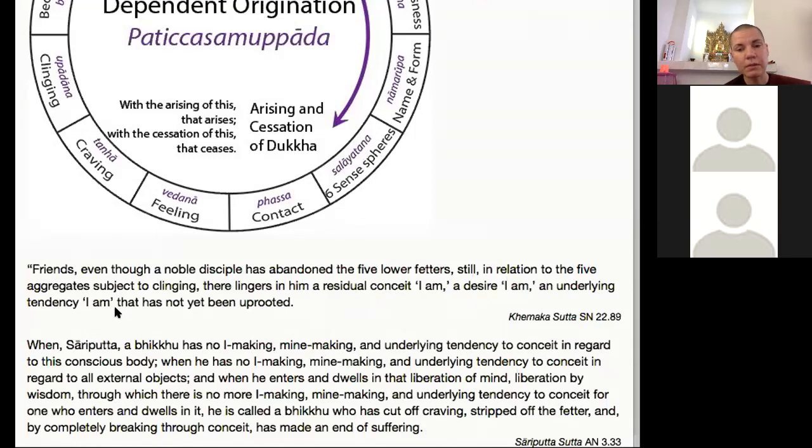So my main message and my main understanding: the arahant still does what we call good deeds, or what we would call good actions.